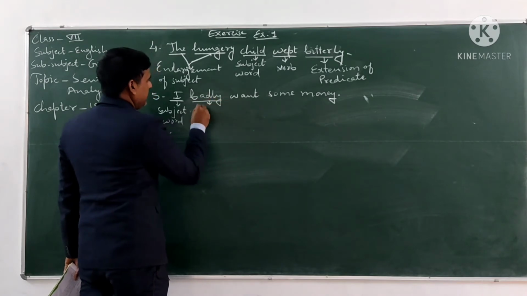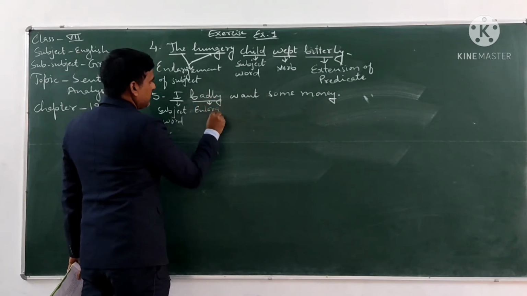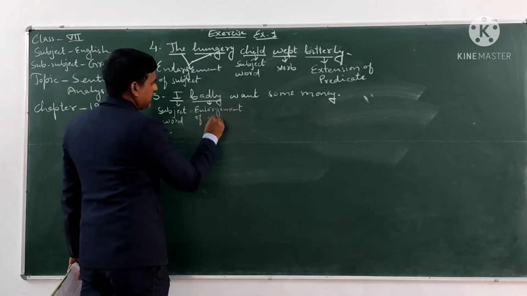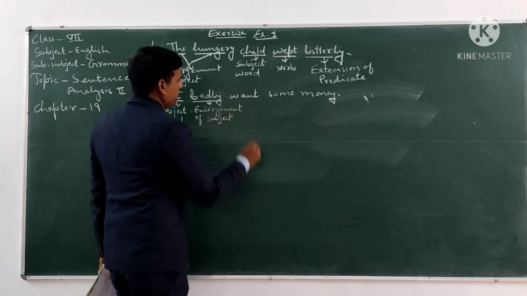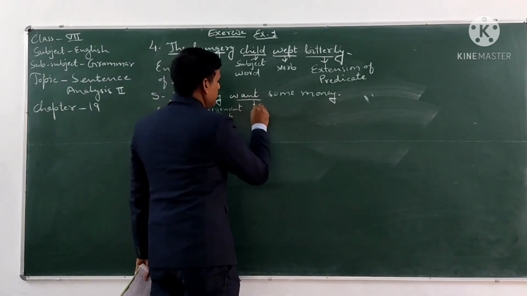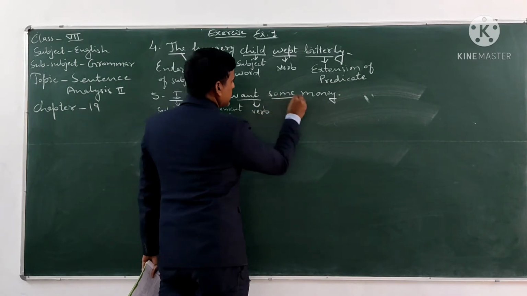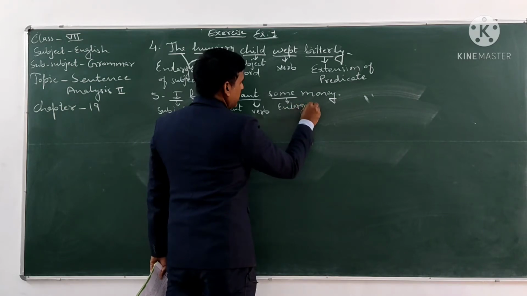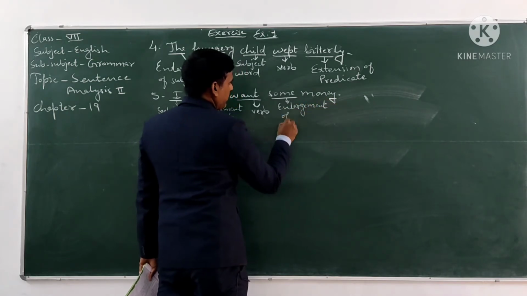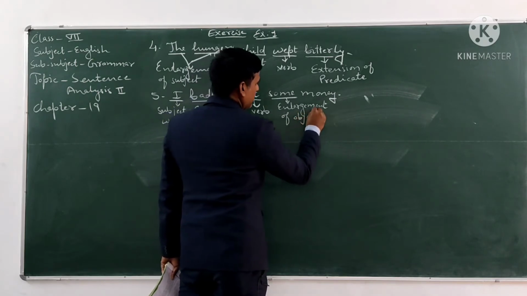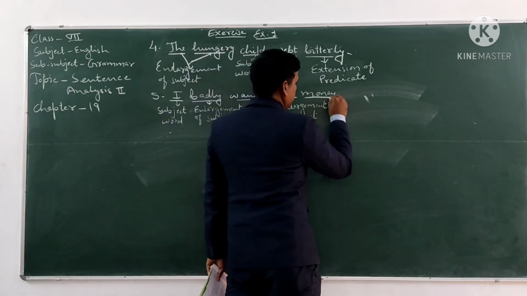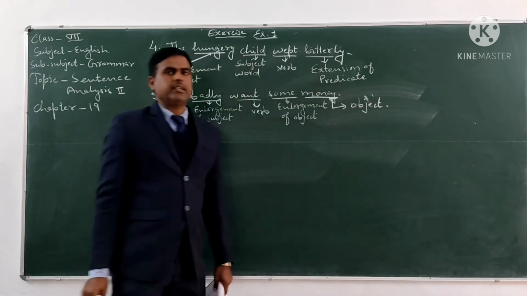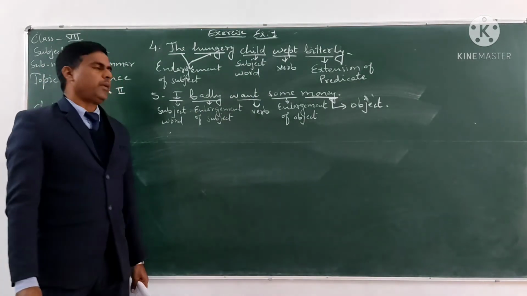Badly is the enlargement of the subject, and want is the verb. Some is the enlargement of object, and money is the object. So this is the sentence analysis of sentence number 5.